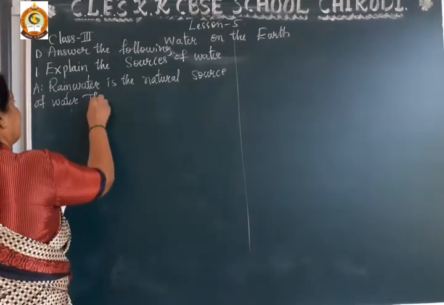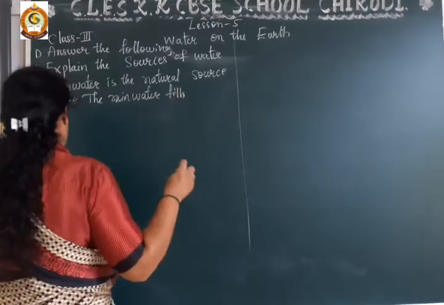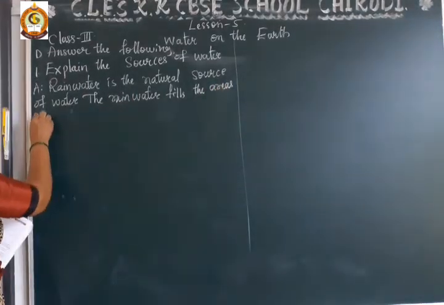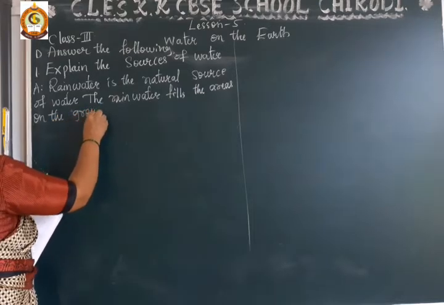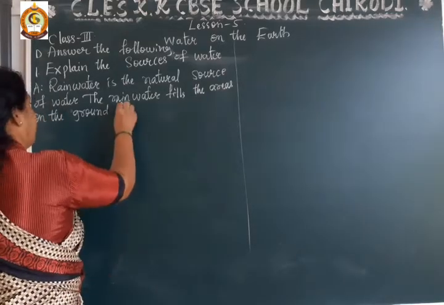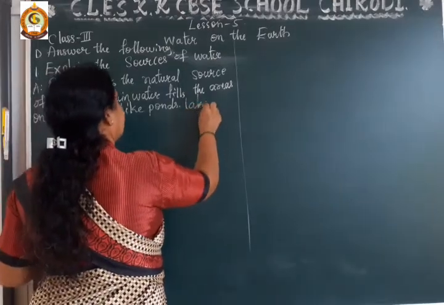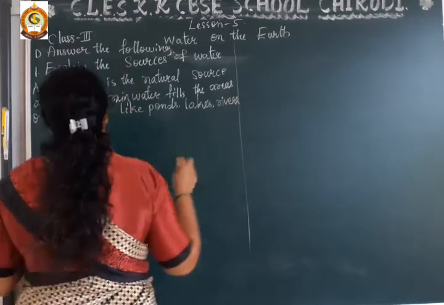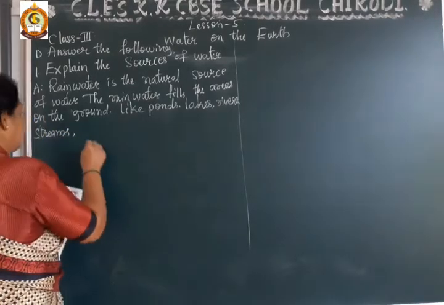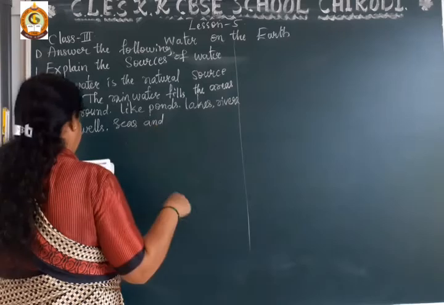The rainwater fills the areas on the ground like ponds, lakes, rivers, streams, wells, seas and oceans.